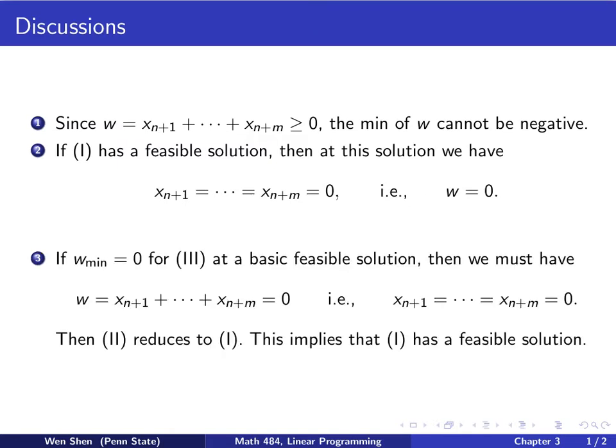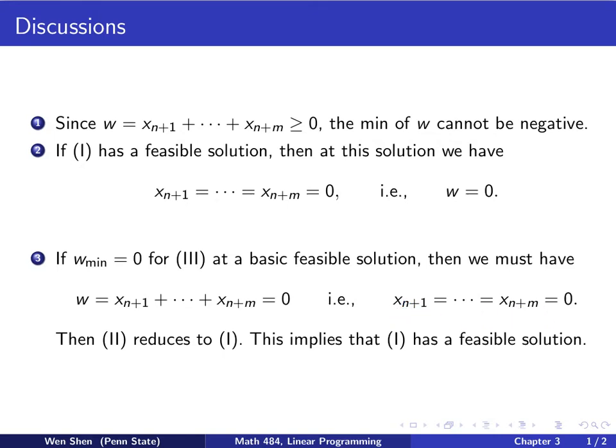And now we can also look at this argument backwards. If we solve the LP problem for W and we find out that W min equals 0, and then we have a basic feasible solution, W min is defined as the sum of all of these variables. If that equals 0 and none of them can be negative, then we must conclude all of them must be 0.